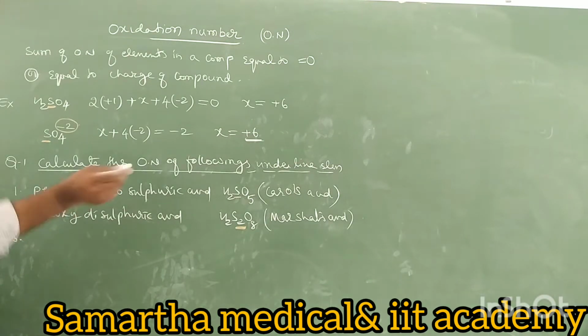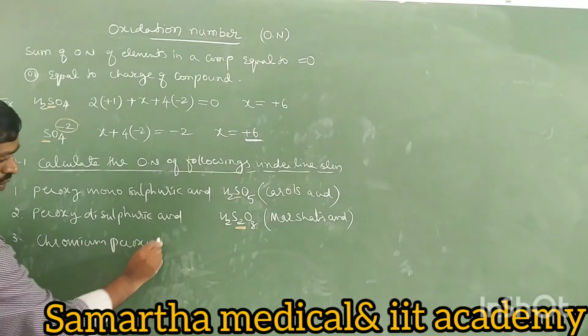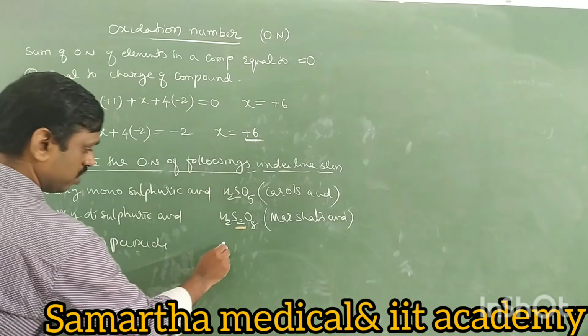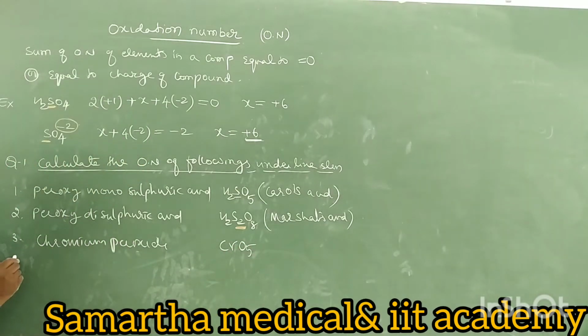Next, chromium peroxide. This we already did, no? Chromium peroxide, CrO5. 4.